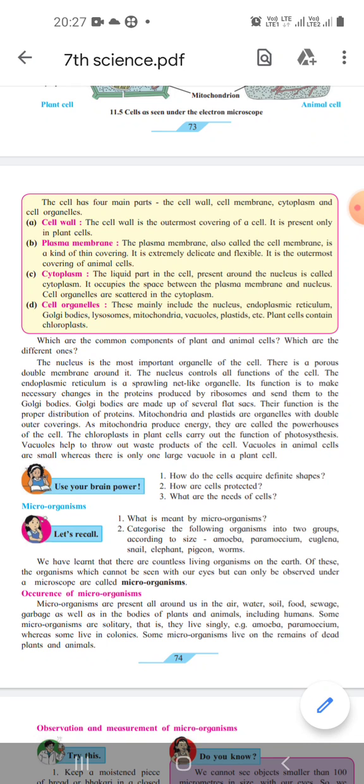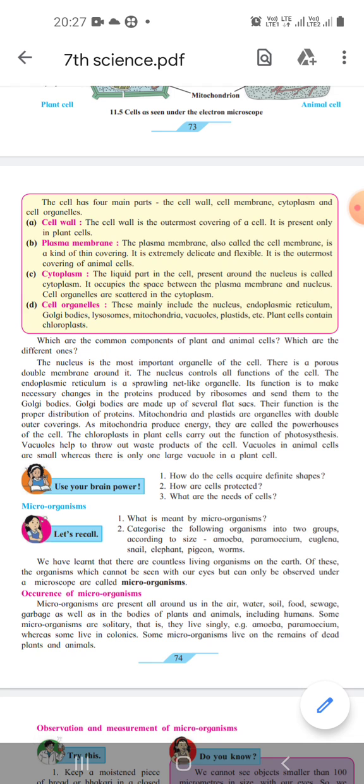Afterwards, we learned about cell size. From that, we understood there are various types of cells present in our body. This year, you have two types of cells to learn: animal cell and plant cell.